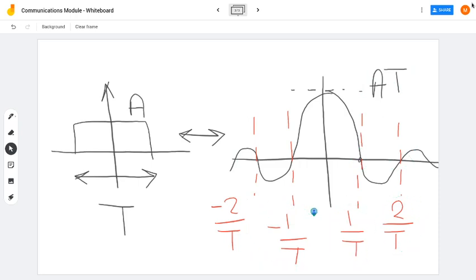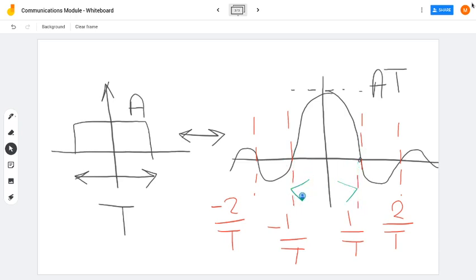So let's say that the bandwidth of such a signal would lie between these two zero crossings, as they include most of the power. So if we say that the bandwidth is related to the zero crossing here and there, this is the bandwidth.